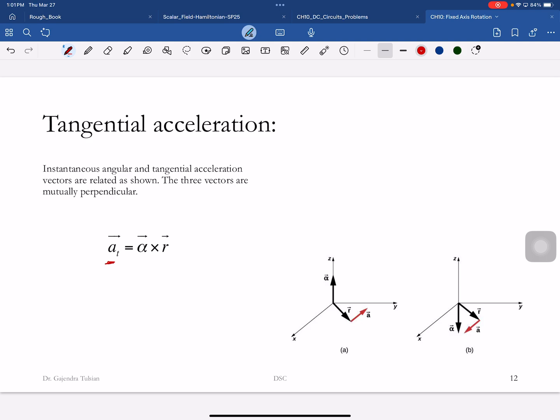That point has centripetal acceleration as well, but the tangential acceleration is given by alpha, the angular acceleration of the wheel, times how far that point is from the axis of rotation. So it's this cross product: the tangential acceleration is angular acceleration crossed with the vector from the axis of rotation. Again, these three vectors are mutually perpendicular.